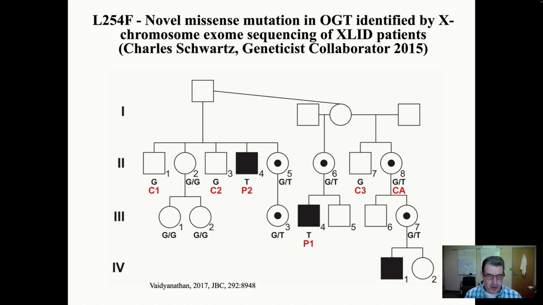There are 3 affected males, and this one female had 3 husbands and 8 children, one of which was affected. But the daughters also passed it on. This is classical X-linked inheritance, where we see affected males primarily, not affected females. That's what we started with, this initial mutation, L254F.